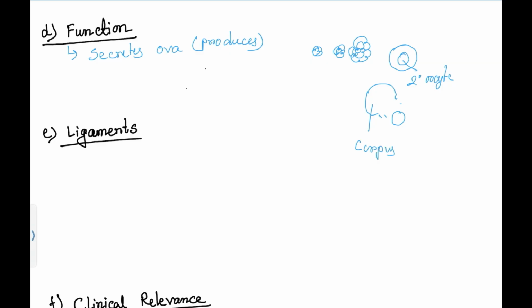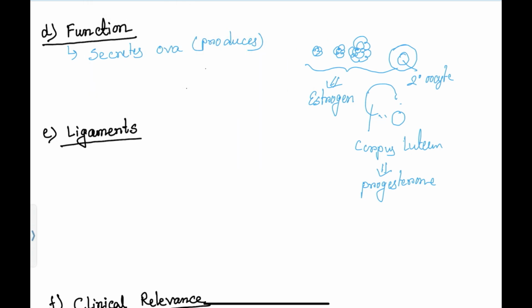it will become corpus luteum, right? This corpus luteum secretes progesterone, and those follicles secrete your estrogen. So if you ask what the functions of the ovary are, one is the exocrine function, that it produces ova.